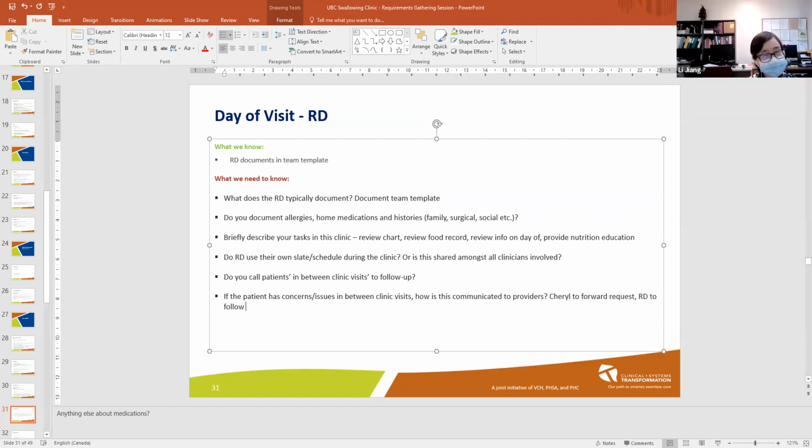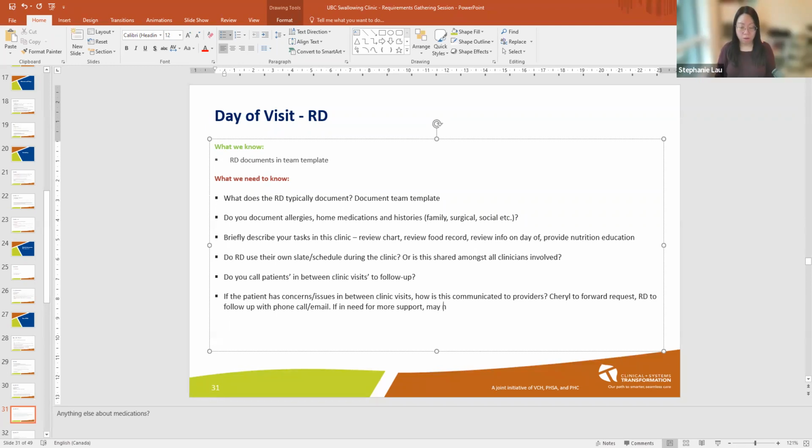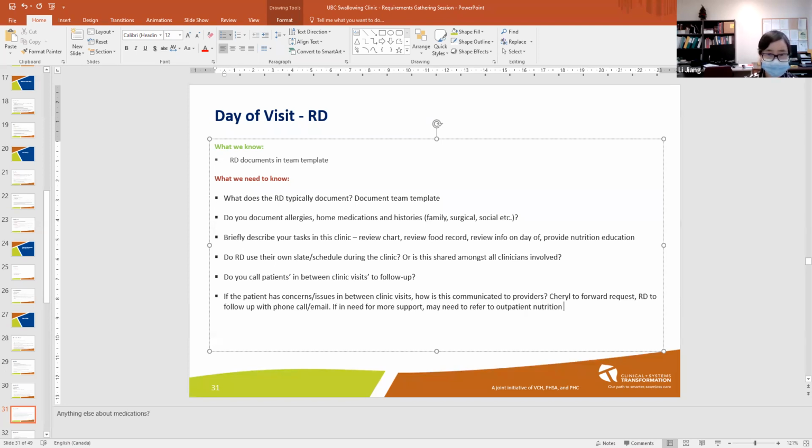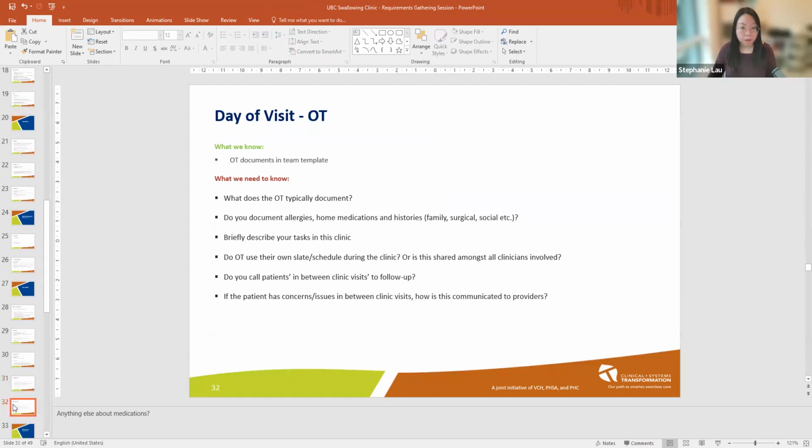If I feel they need a bit more support, and they don't have any other access to dietitian service, I would usually refer them over to the outpatient nutrition clinic. Okay. So they get a bit more time and more history too. Okay. All right.